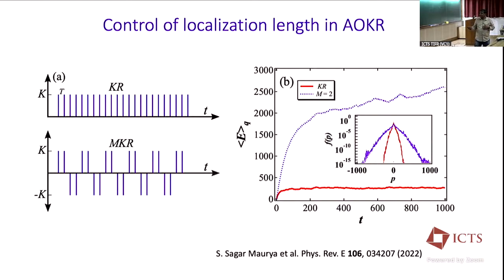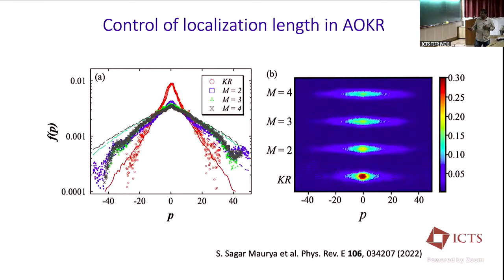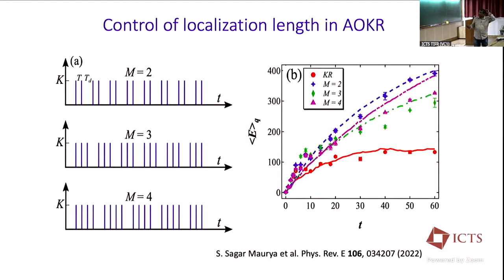And you can basically change the localization length. So this is for the case where you have skipped 2 kicks in between, and you can change how far the system gets localized by just playing with this. This is for different values of the number of kicks that you skip in between. You basically increase the amount of energy that the system absorbs from your external perturbation as you do that.